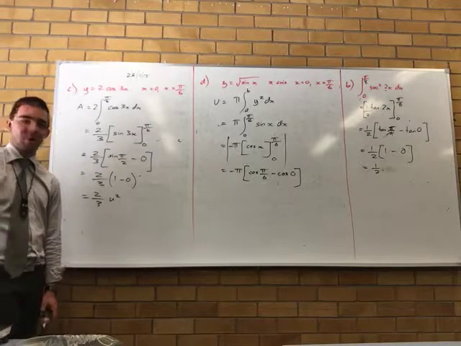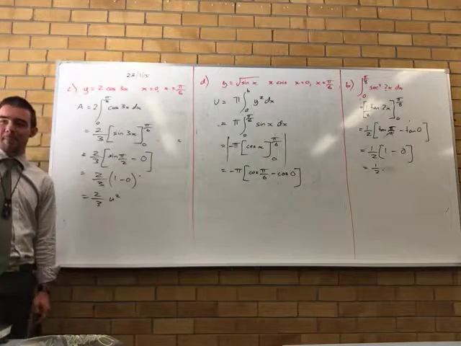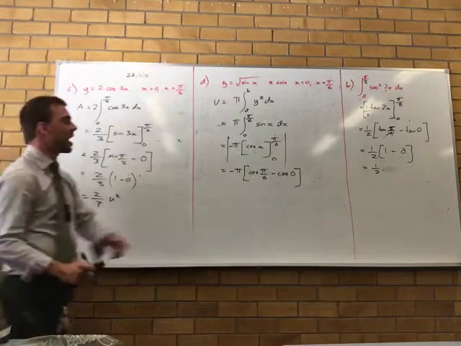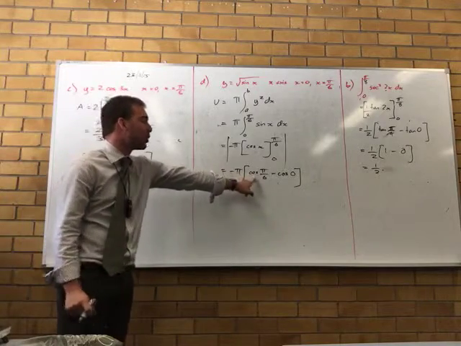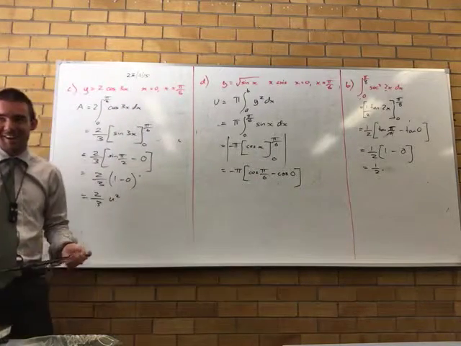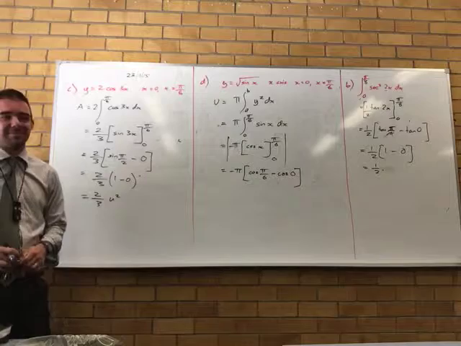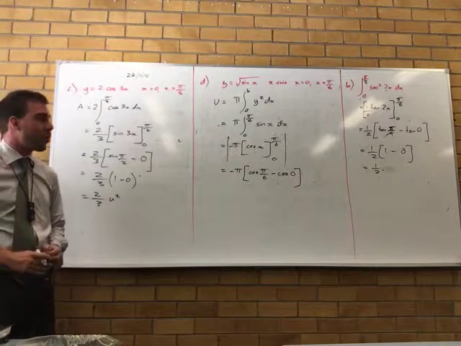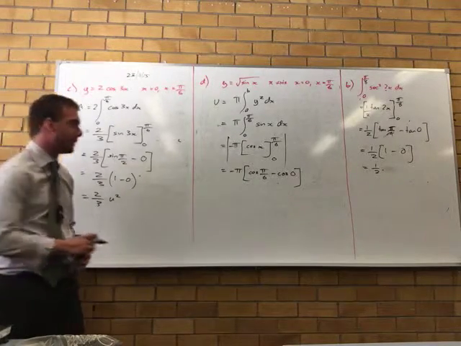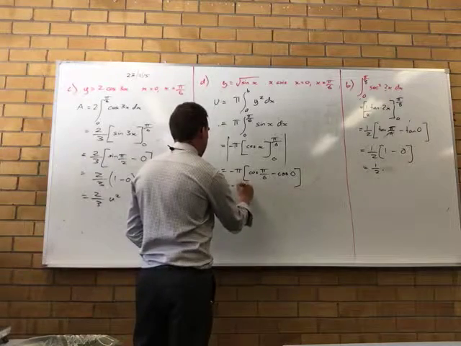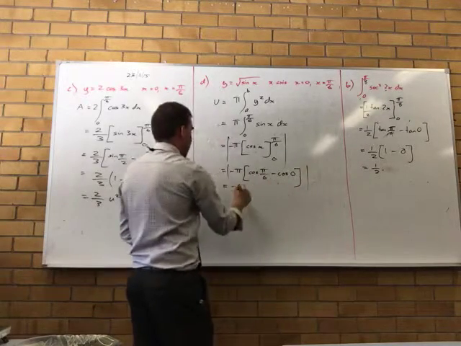So therefore, what's inside that bracket is going to be negative. So if you say pi outside of cos of pi on 6 take away cos of 0, you're going to be wrong, because what's inside the bracket is already negative.